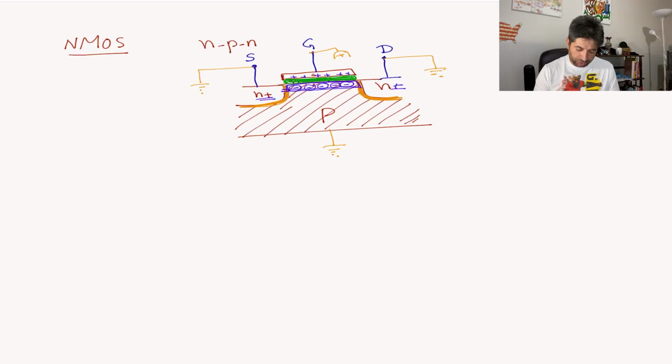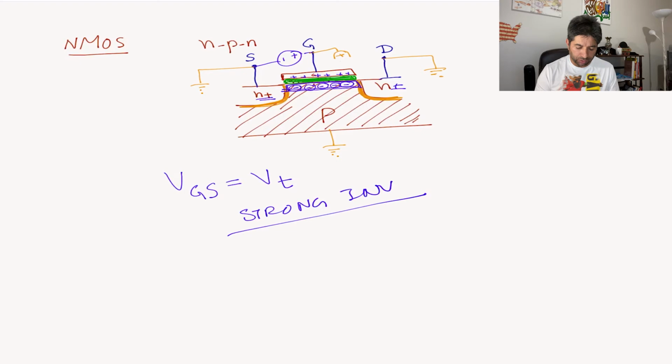The gate to source voltage at which strong inversion happens under the gate oxide is called threshold voltage.